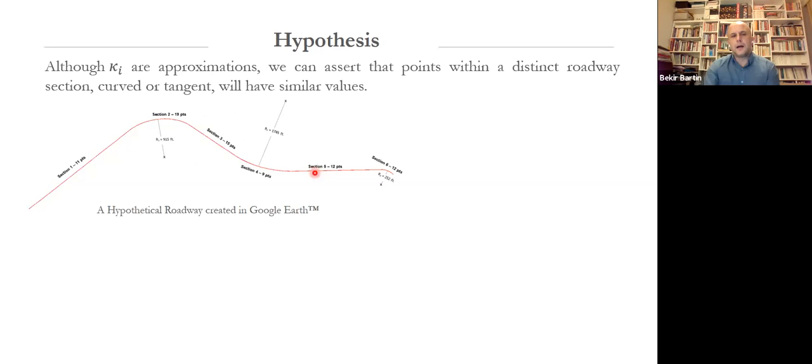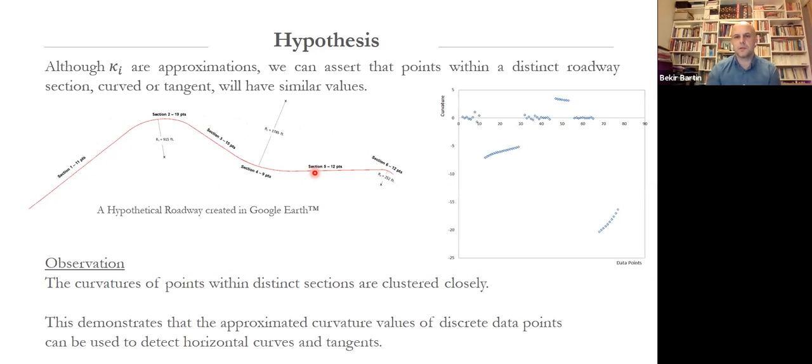So by extracting the vertices, and knowing the X and Y coordinates, using the approximation method, I can approximate the curvature of each vertex. And when I plot this on a scatter plot on the right, you can see clearly that the tangent sections have nearly 0 curvature values, and the curved sections have curvature values distinctly different from 0.